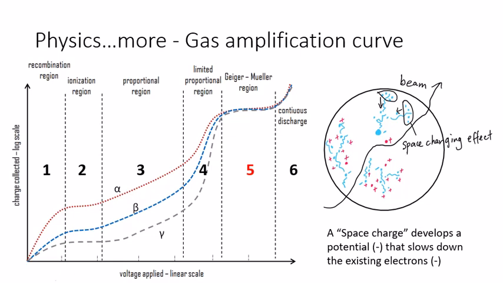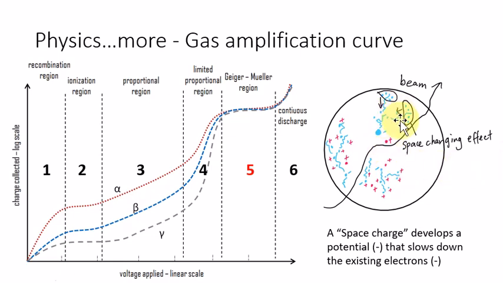more ionized electrons. Some of them form an electron cloud. For example, these are the negatively charged electron clouds here. These electron clouds, because they are in negative potential, will repulse other ionized electrons.